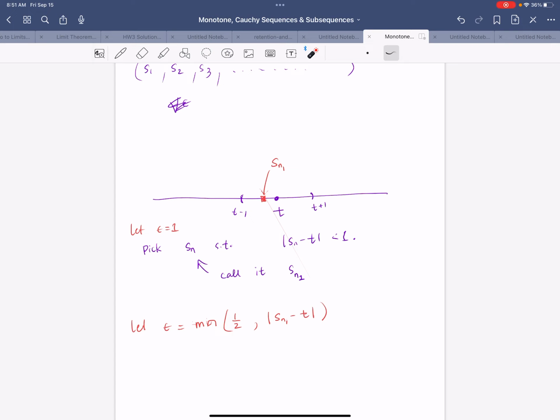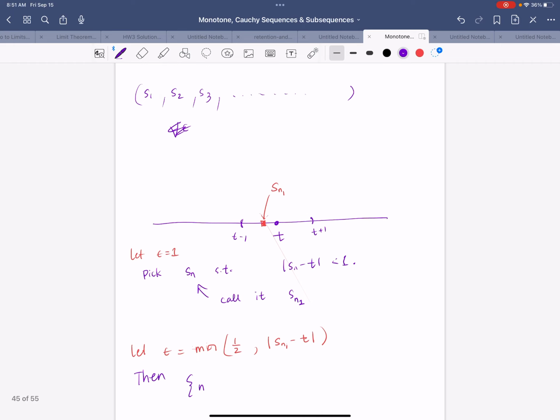Because I'm going to say then the set of n, and now watch this. Because we have Sn1 somewhere in this list, and then after that will be Sn1 plus 1, Sn1 plus 2, and it'll go on forever, right?